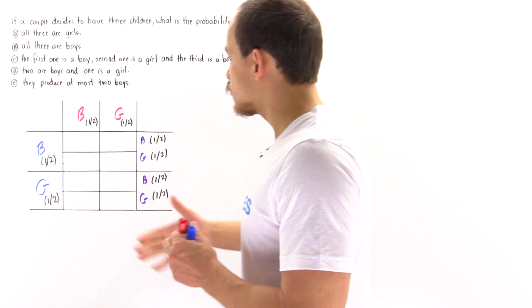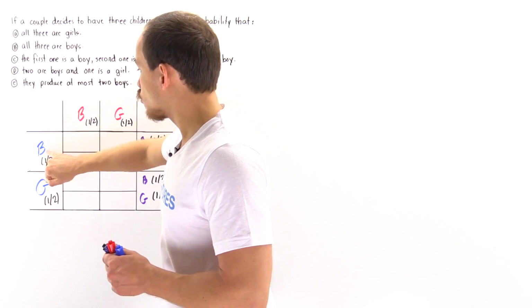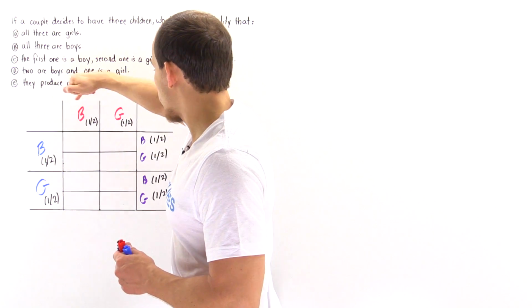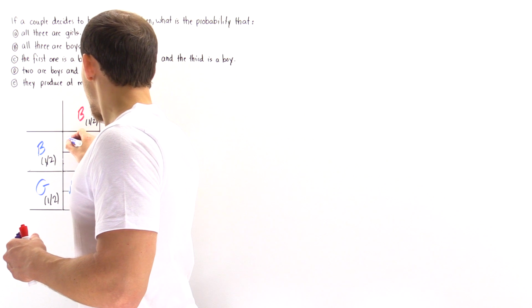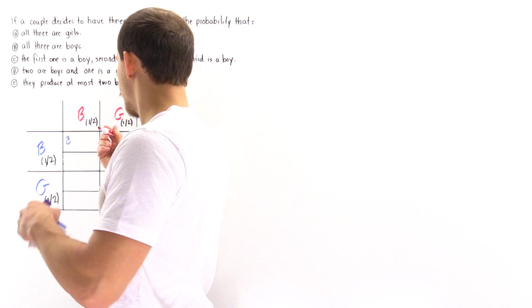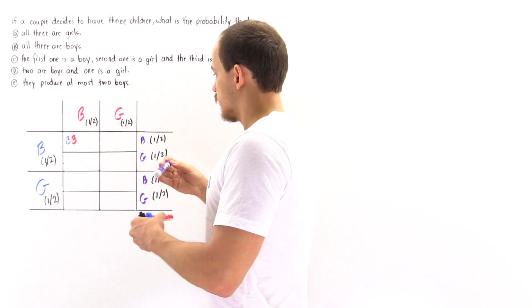So now let's actually create the Punnett square. So we combine a blue B, a red B, and a purple B. So we have a B, then we have the red B, boy, and we have the third one.